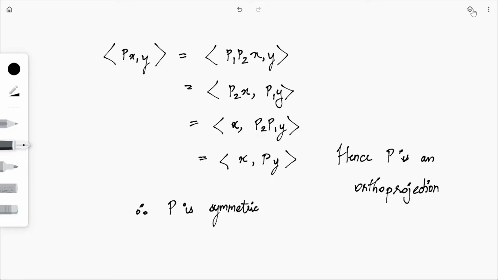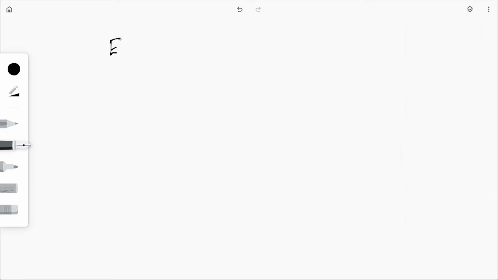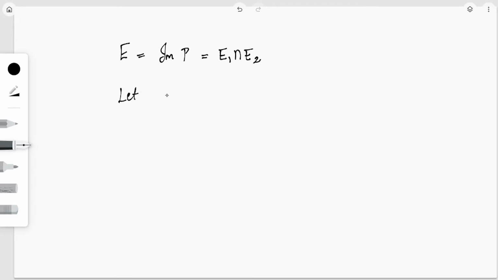Now next we need to show that E, which is the image of P, is nothing but E1 intersection E2, that is, E and E1 intersection E2 are the same. So let us choose an element X in E1 intersection E2.